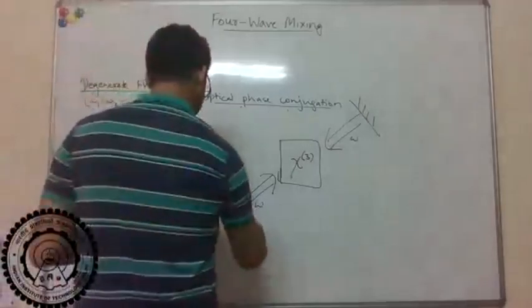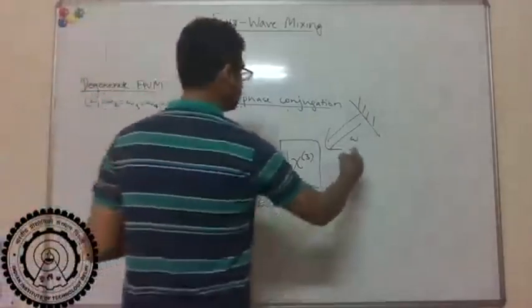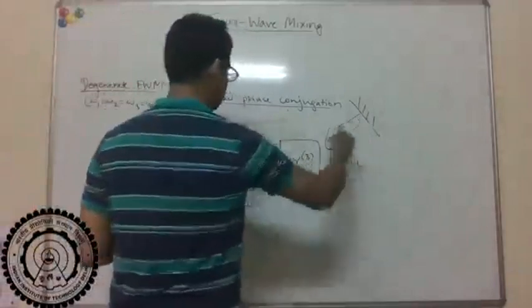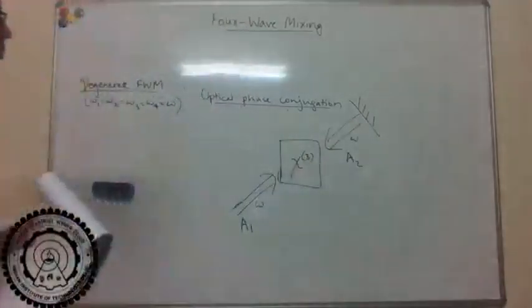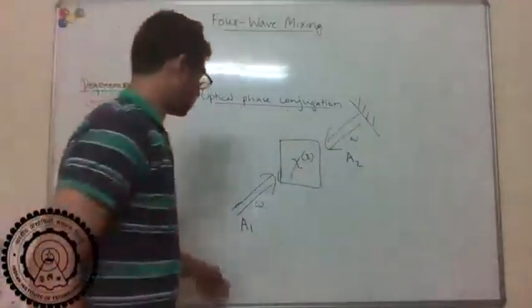So this is, let's say, wave 1. So 1 and 2 are so-called pump beams, which are strong.